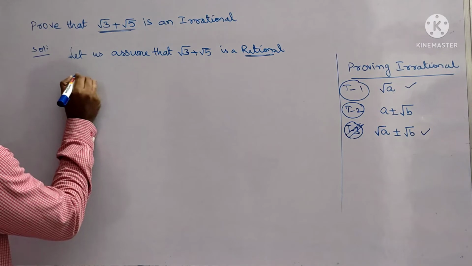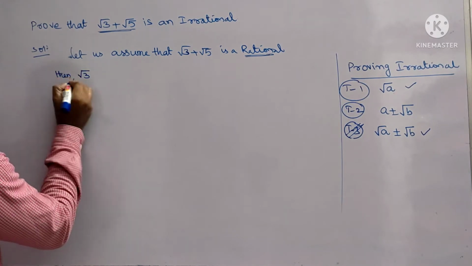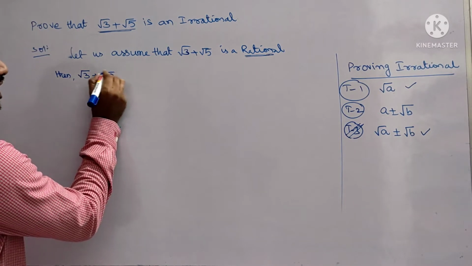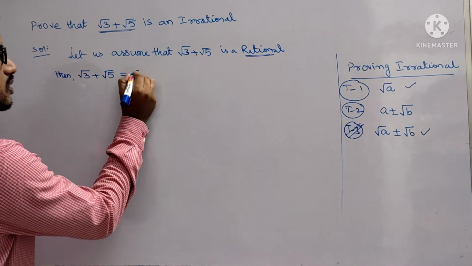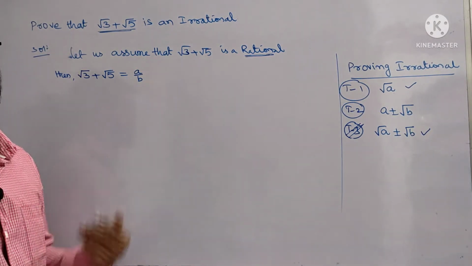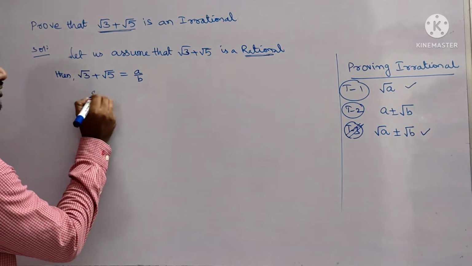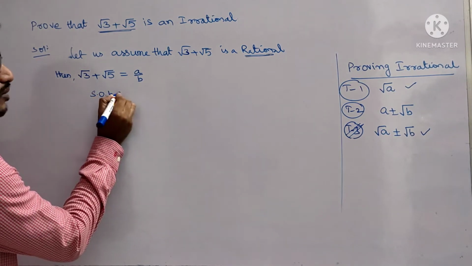From this we can write root 3 plus root 5 is equal to a by b, or you may consider x by y or p by q. Okay, so here we have to apply square on both sides.